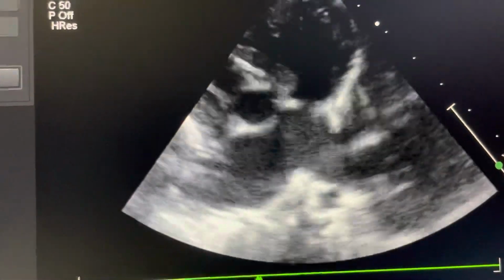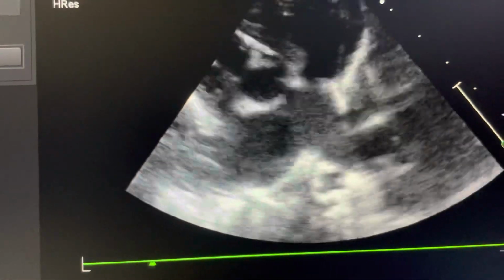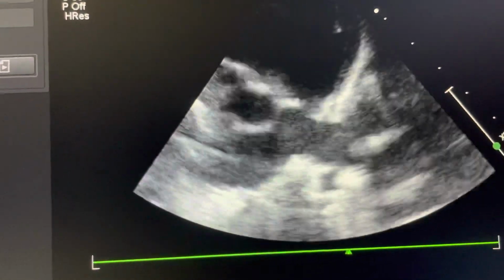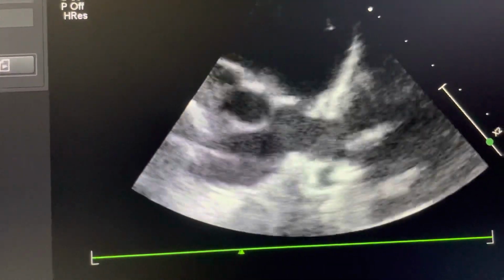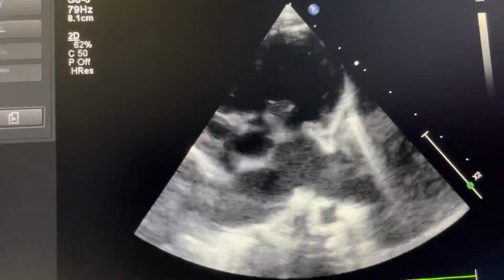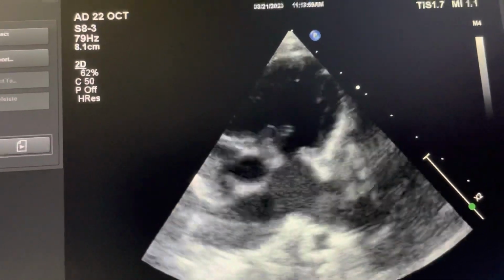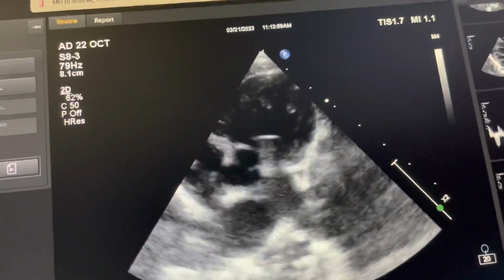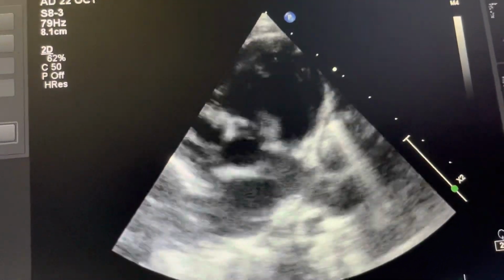Next image, again the same thing, the pulmonary valve not opening properly, suggestive of significant pulmonary stenosis. One important thing here is that the infundibular part of the right ventricular outlet is not stenotic. So stenosis mainly lies at the level of the valve.